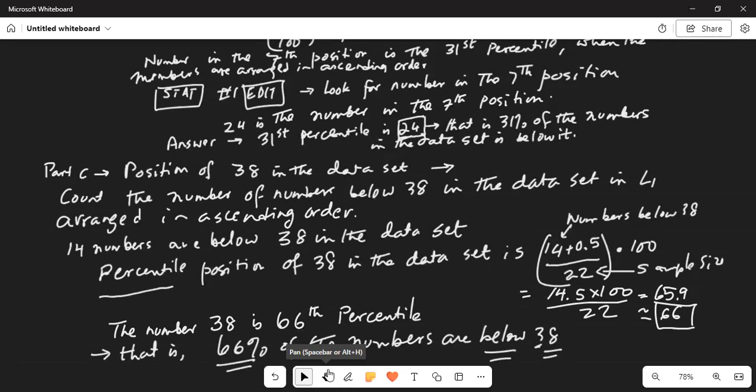It means 66% of the numbers are below 38. That is, the percentile position of 38 in this data set is 66. Vice versa, 38 is the 66th percentile, 66% below it, and the remaining 100 minus 66, which is 34, on top of 38. So the 66th percentile is the position of 38.